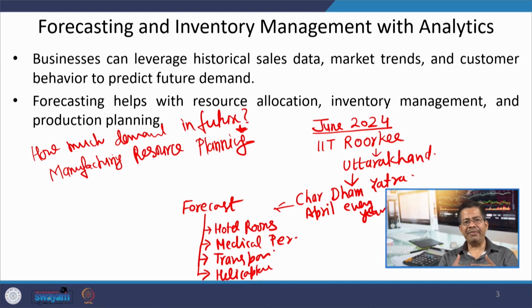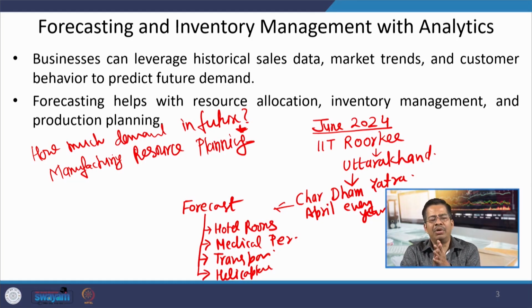This type of information was not available with the government in the beginning. Otherwise, they could have created more infrastructure and more resources, so that more devotees can go to these shrines, and accordingly the economic development of the people surrounding those areas can also be equally done.